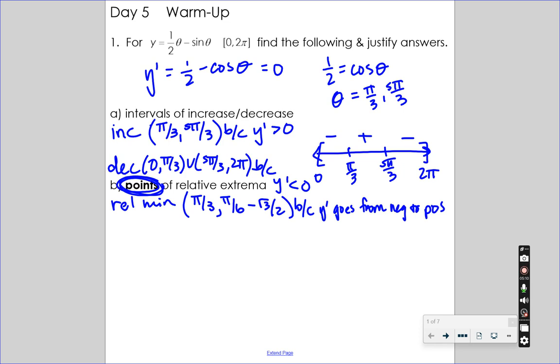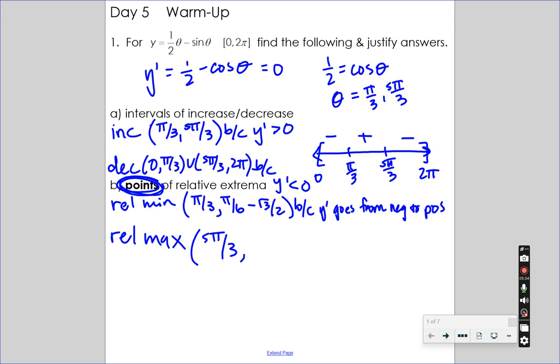We have a relative max? Let's see, look at our sign line. Are we gonna go from positive to negative anywhere? Yep, 5 pi/3. And again, I'm finding a point on the graph, so I'm gonna plug that into the original function.